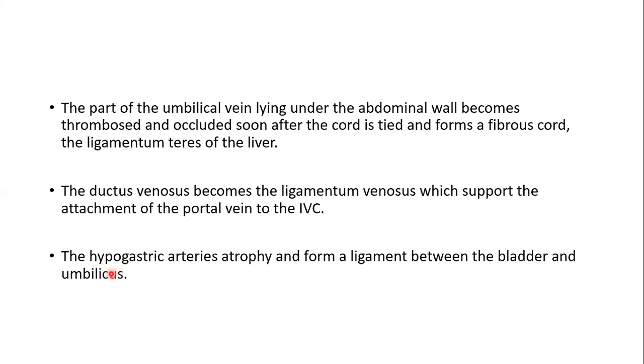The ligament between the bladder and the umbilicus is called the medial umbilical ligament. Medial, not median. The median umbilical ligament is also there. That connects the bladder to the umbilicus and is the remnant of the urachus.